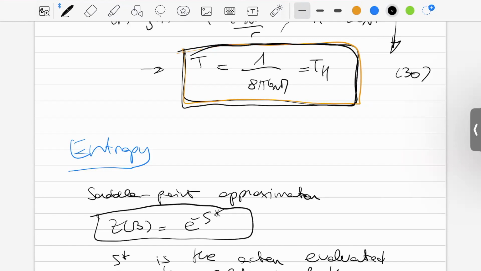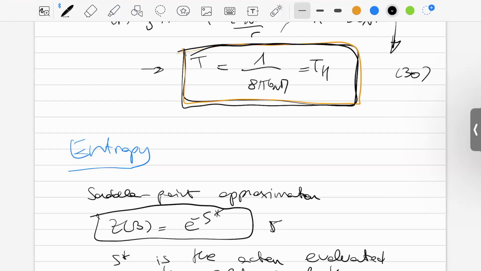Then you can use the Gauss formula to integrate it out. So the integral disappears, and at the end the partition function is just the exponential to the power minus S star, where S star is the on-shell action, the action evaluated on the solutions of the classical equations of motion.